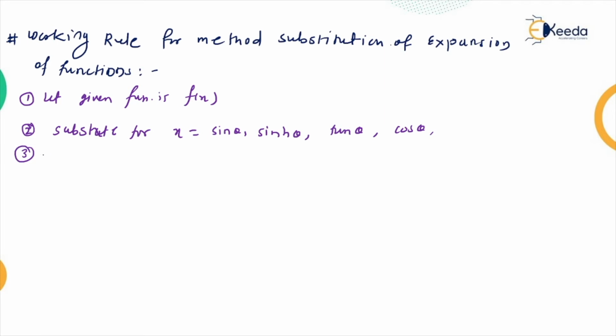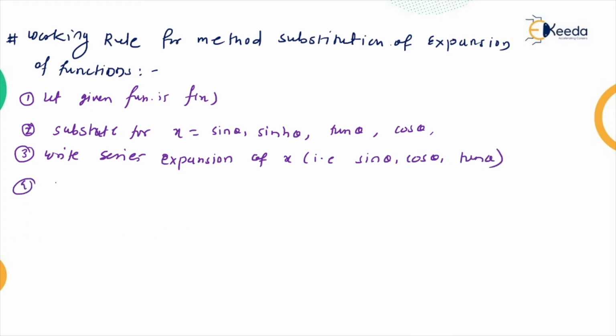So number 3, write the series expansion of x, that is the expansion of sin theta, cos theta, tan theta, and number 4, obtain the required series. So we have to follow these rules, guys.